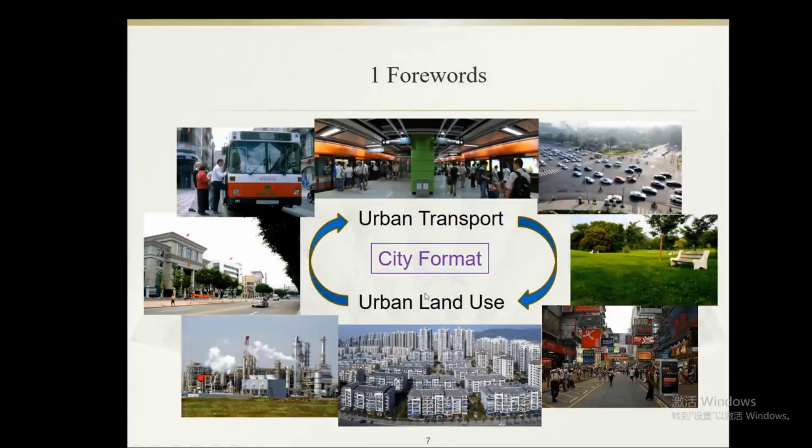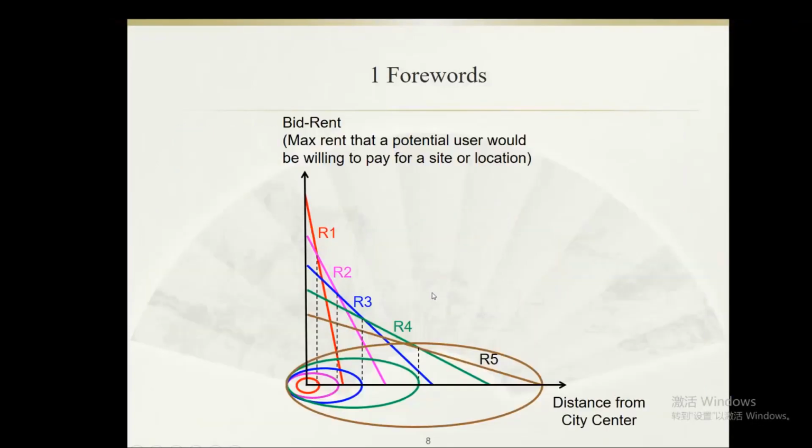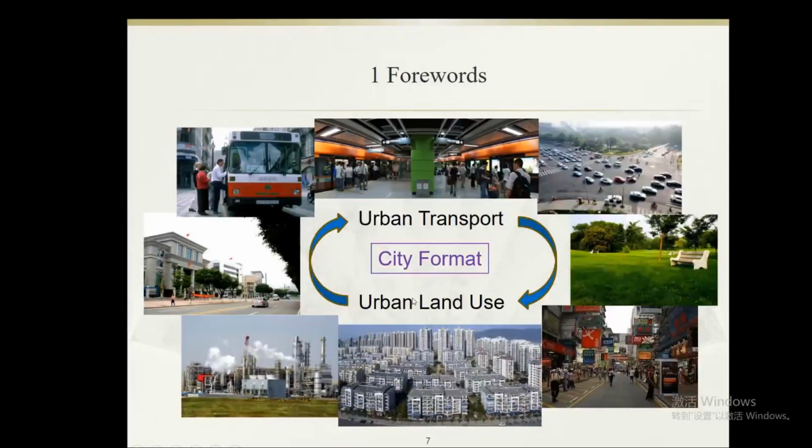First, decide the urban land use in the first place. This is the urban form. Remember, this one is the key point, and this one will reinforce this one. Can we alter a wrong circle subsequently?